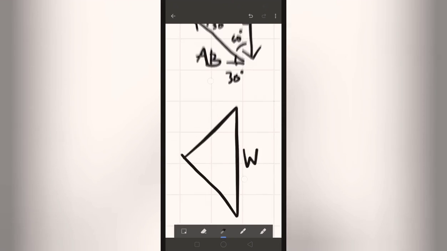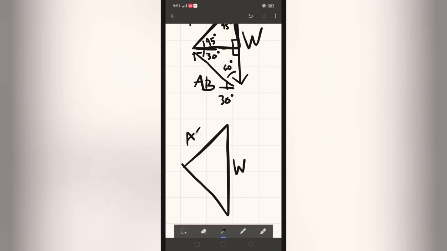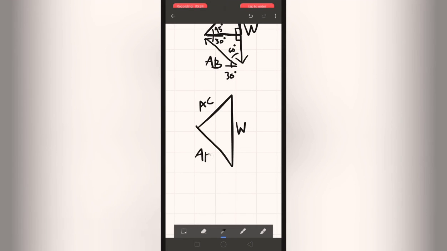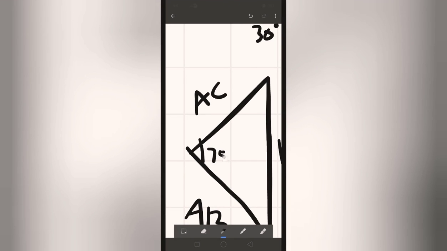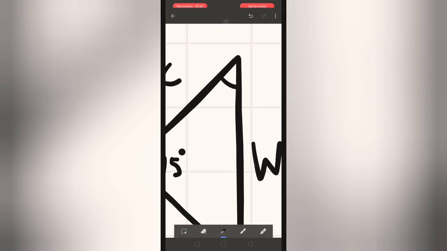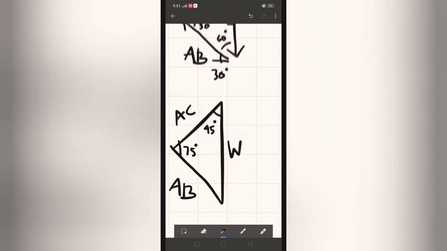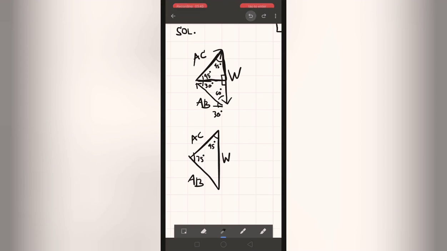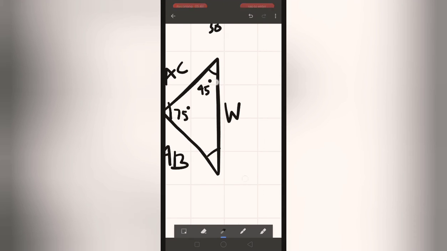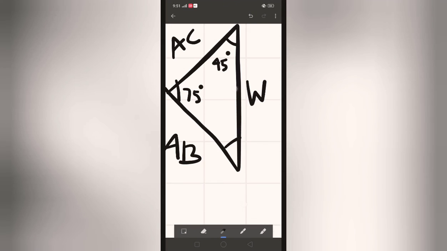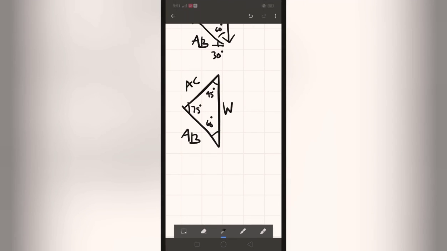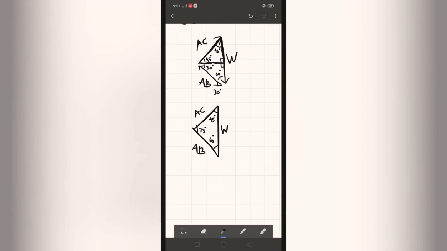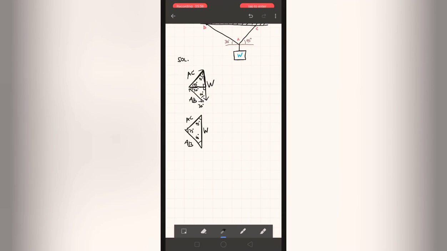This is W, this is AC, and this is AB. 45 plus 30 is 75. And here we have 45 degrees from here. And then 60 degrees below. So if we add 60, 75, and 45, that should be equal to 180 degrees since this is a triangle.